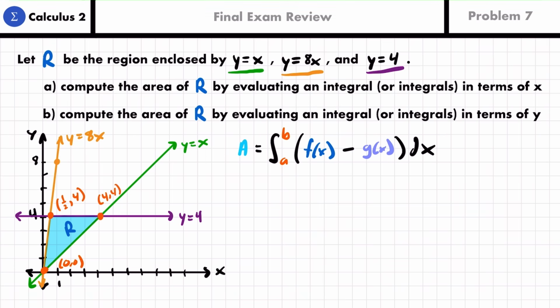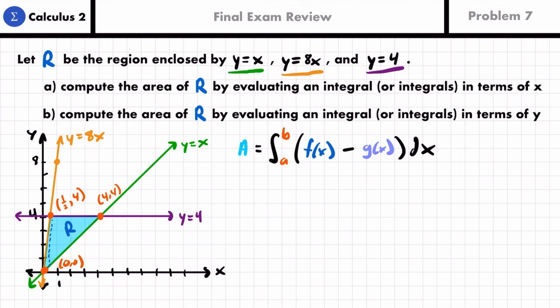Okay, from that point of intersection, you could draw a line downwards and see the 2 different parts of this region where there is a different top function. The bottom function remains the same, right? It's y equals x the whole way through from x equals 0 to x equals 4. But from x equals 0 to x equals 1/2, the top function is y equals 8x. And then after that, from x equals 1/2 to x equals 4, the top function is then y equals 4.